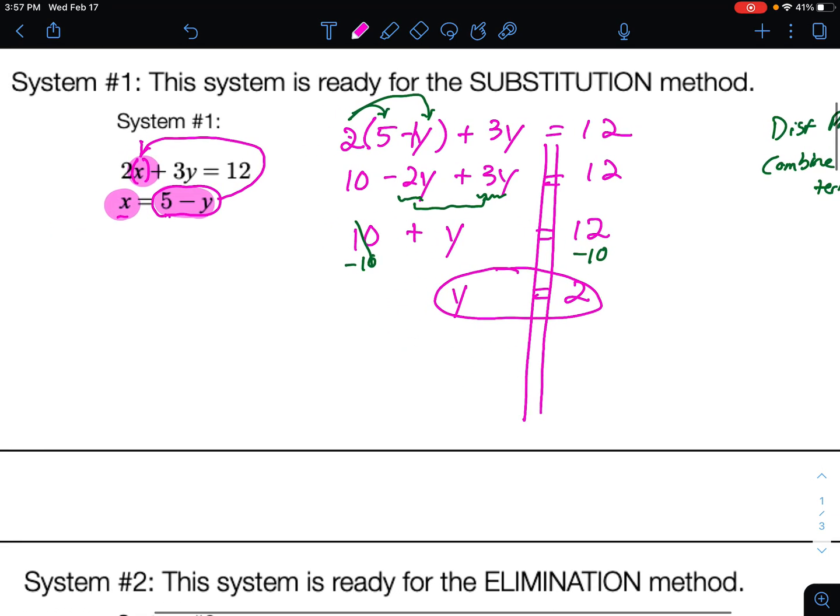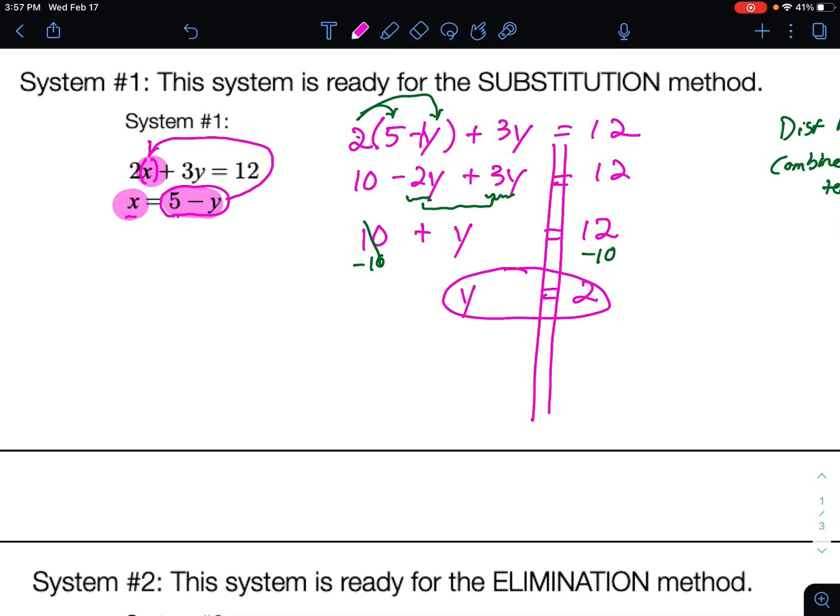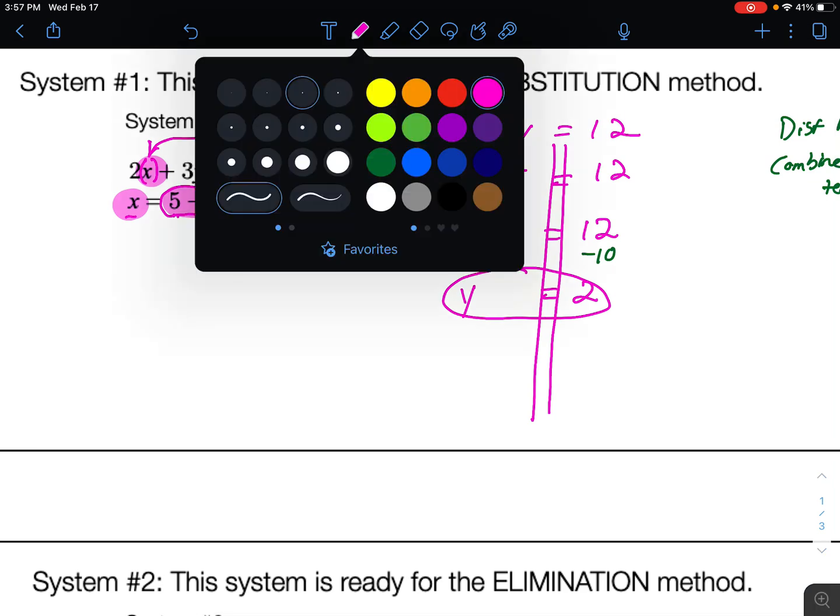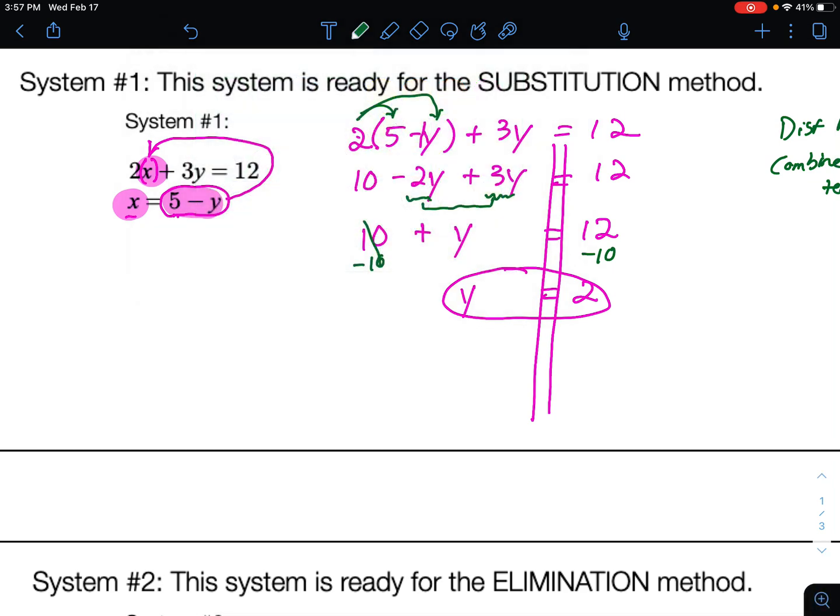And remember, we're looking for the intersection of these 2 lines, so we have to go back over to the other equations and look at which one would be easier to get the x value. You can plug that y equals 2 into either equation, but the one that's probably best to plug it back into, in this case, is the x equals 5 minus y, because that's already got x solved for itself.